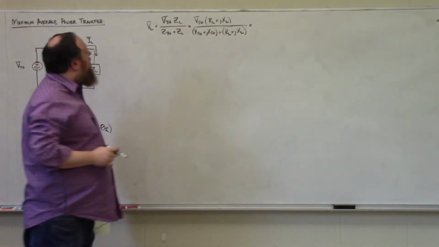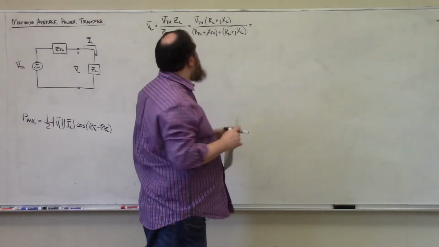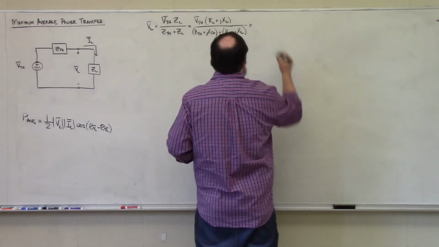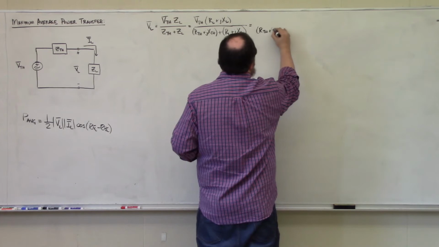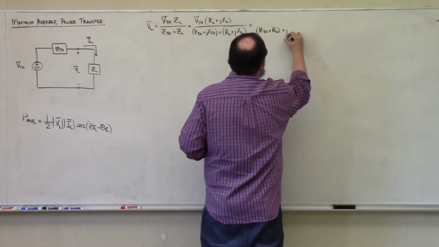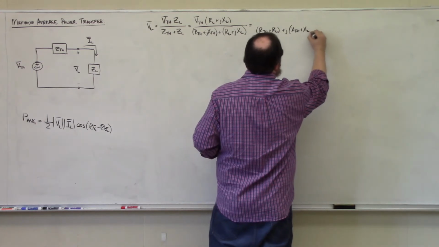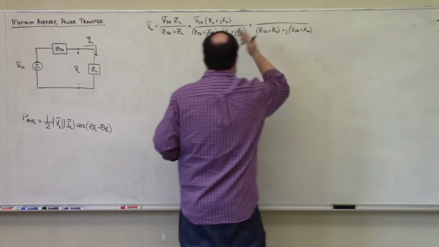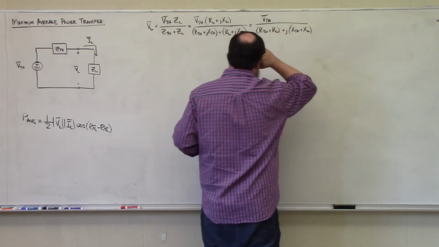And we can combine like terms, so we can add the real parts in the denominator and the imaginary parts in the denominator. And we find that we have RTH plus RL plus j(XTH plus XL) in our denominator, and our numerator will stay the same.